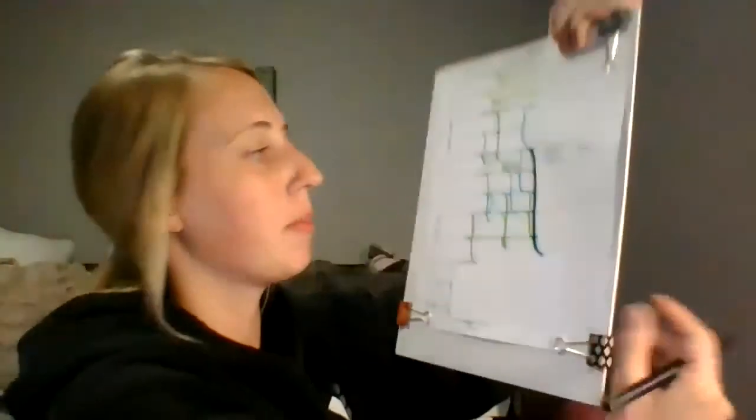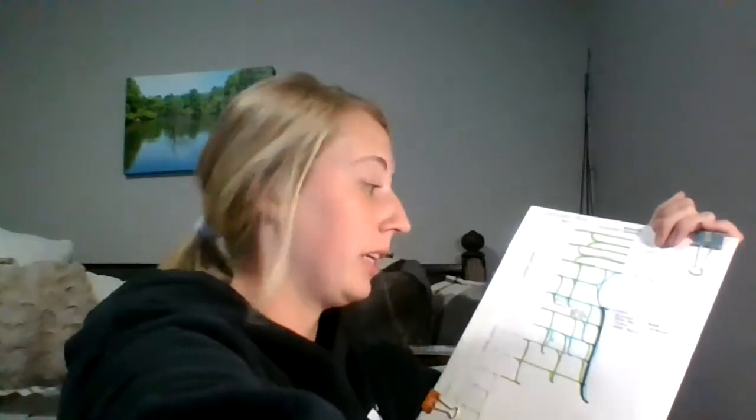Those are the muscles that the femoral nerve innervates. I'm going to tighten this because it's hard to write.